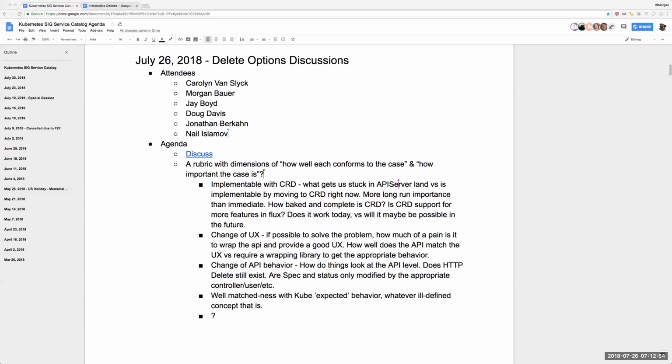So they're probably still able to hack something with the API server, I don't know, but Kubernetes at core doesn't want to support that. And I believe customizing deletion is the same, I don't think they have any interest in it, unless there is another, more interesting use case than service catalog.